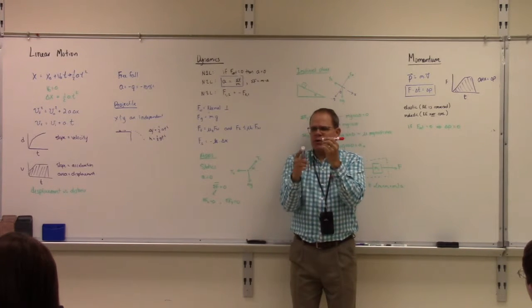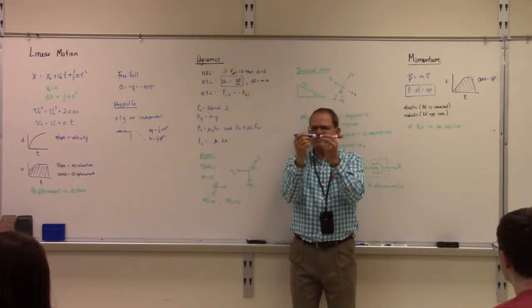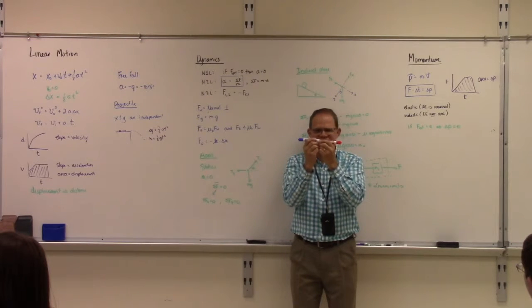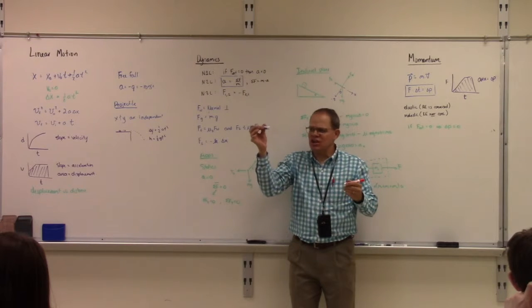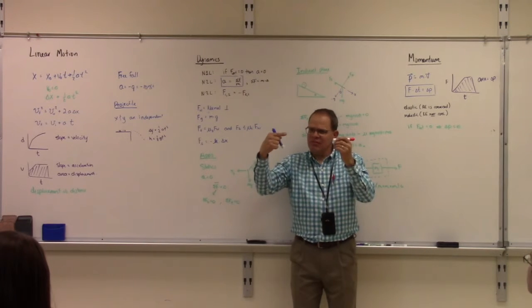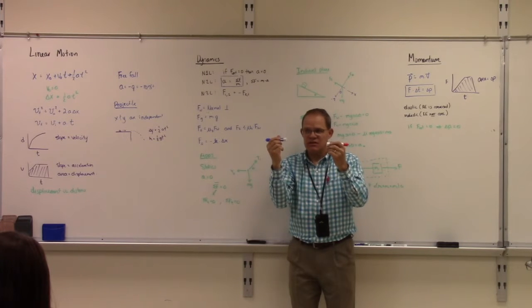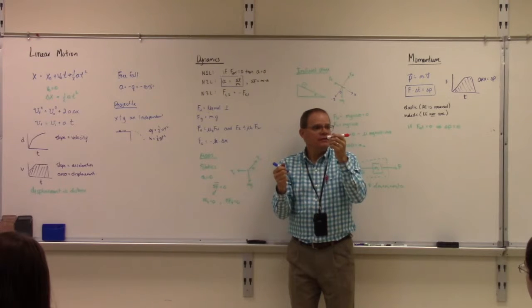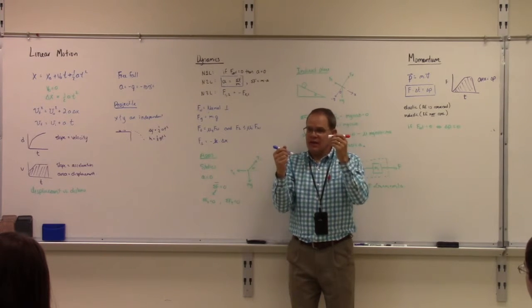What happens though if this one's going 10 meters per second and it bounces back at 5? Because they're really hard now, they don't stick. What happens if this one rebounds? How much did its momentum change? It went from 10 this way to 5 that way. How much did it change? 15. Which means this one's got to do what? If this guy lost 15, this guy's got to gain 15.